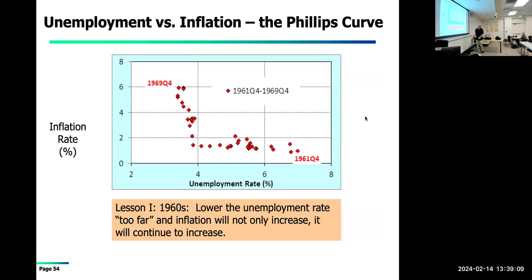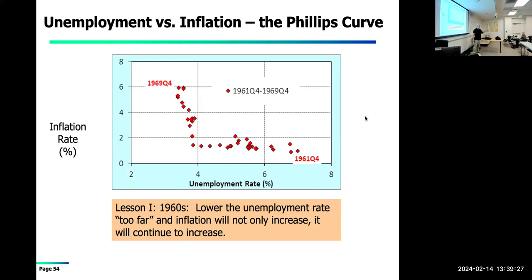So you look at this one. This is the 1969 curve. This is the heyday of macroeconomics, in terms of what was happening at the end of the Kennedy administration and the Johnson administration. And the story is, the Vietnam War was really kicking.